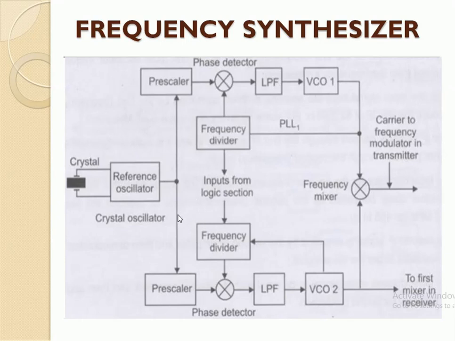Then the next point: the divide-by number will set the transmit and receive channel frequencies. The two outputs produced by the frequency synthesizer are applied to the modulator in the transmitter and the first mixer in the receiver respectively.